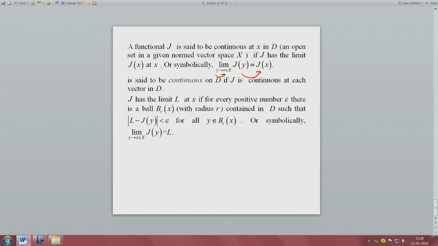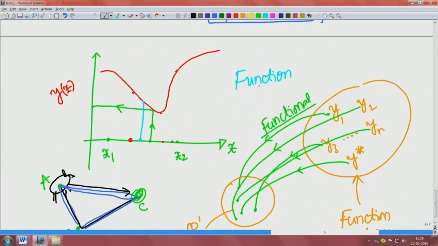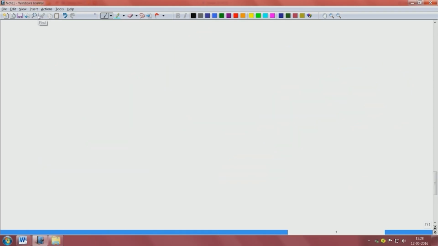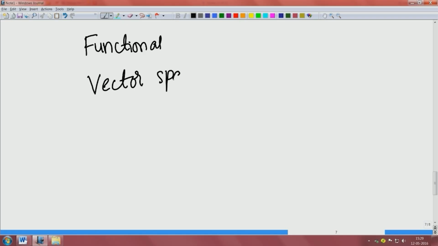Okay. So, to summarize today, a few things that we talked about. We talked about what is called a functional, and we defined metric spaces and vector spaces.